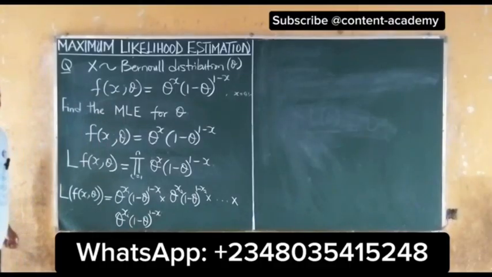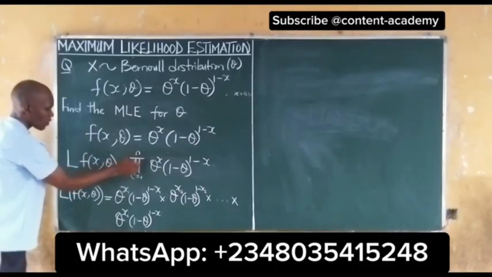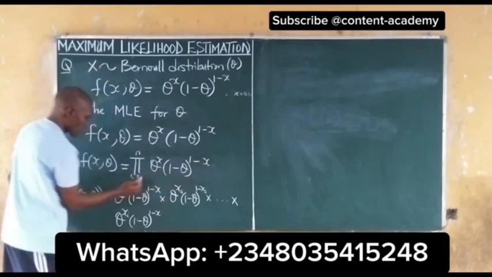So this is what we get. If we take the likelihood function of this, we have taken the product. The product means expanding whatever we have here.